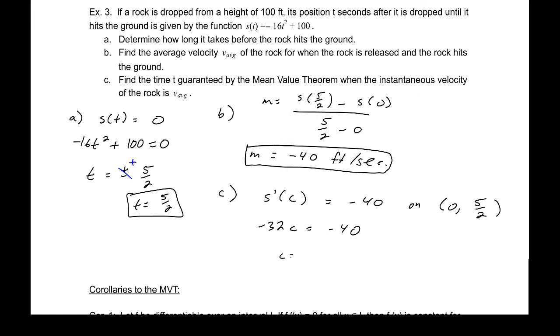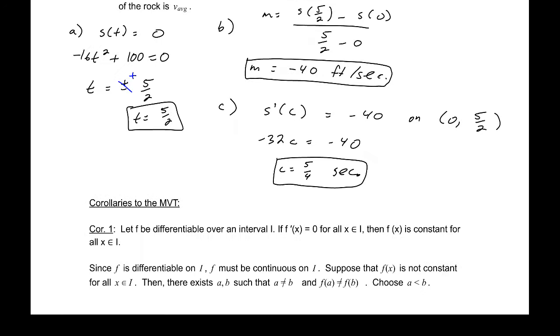That would mean that c is equal to 5/4. So at 5/4 seconds, that rock is moving at exactly -40 feet per second. Okay. We'll return to proofs for the rest of this. Go back and check out those other things.